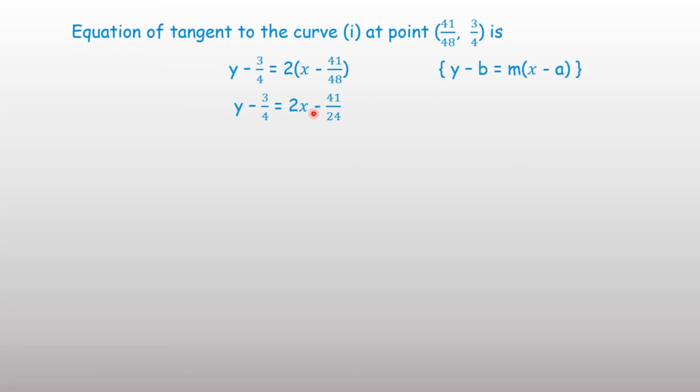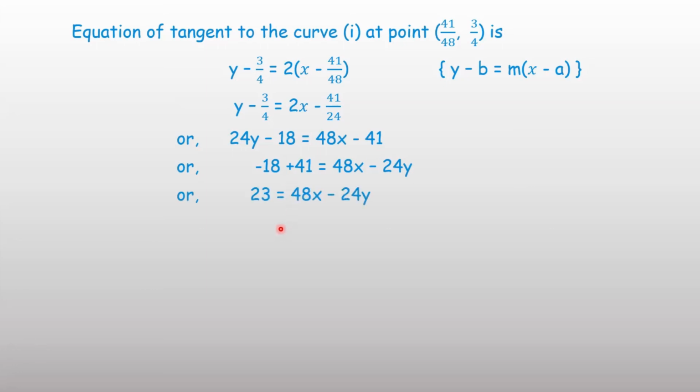Open the bracket, multiply by 24 on both sides: 24y minus 18 equals 48x minus 41, or further simplifying, 23 equals 48x minus 24y, or 48x minus 24y equals 23. In this pattern, you can solve the question and find the equation of tangent at a given point.